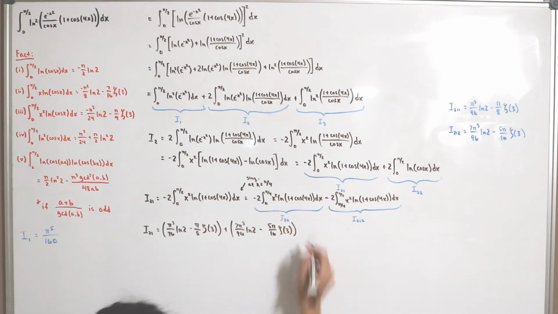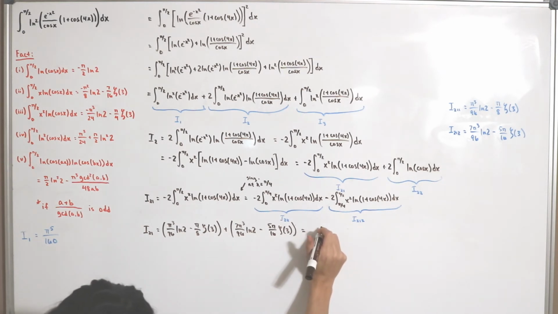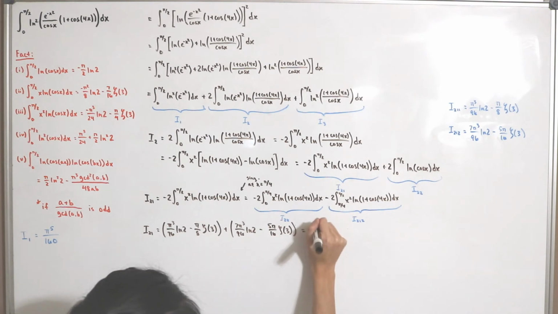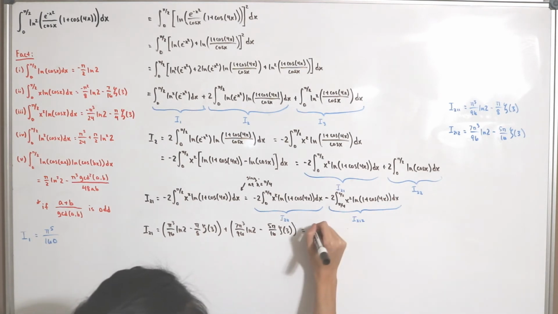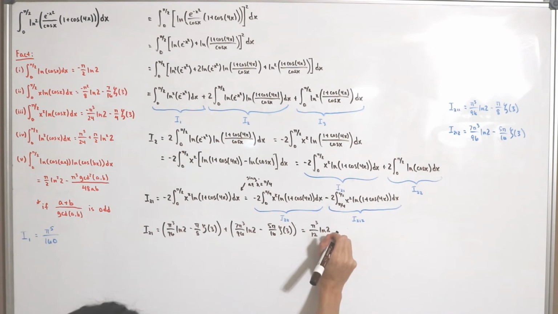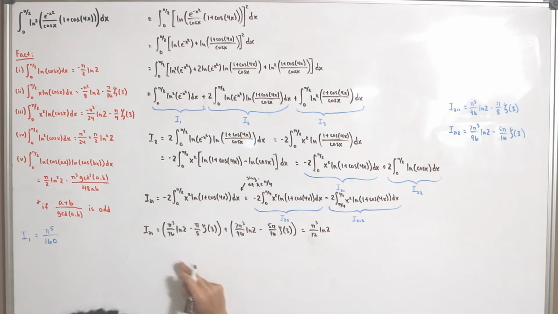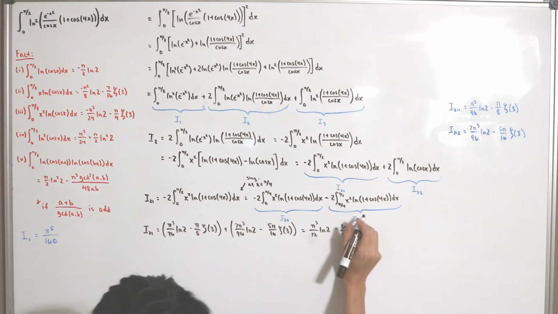Okay, so skipping steps, I simplified this out, and I get that I sub 21 is equal to π³/12 multiplied by the natural log of 2. Yeah, that's good, that cancels. And then subtract 3π/16 multiplied by the a priori constant.